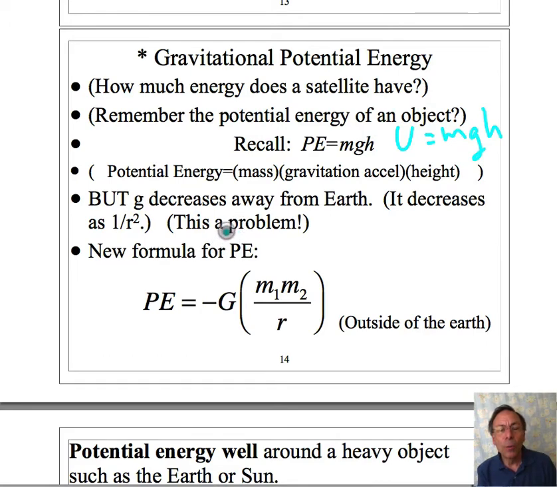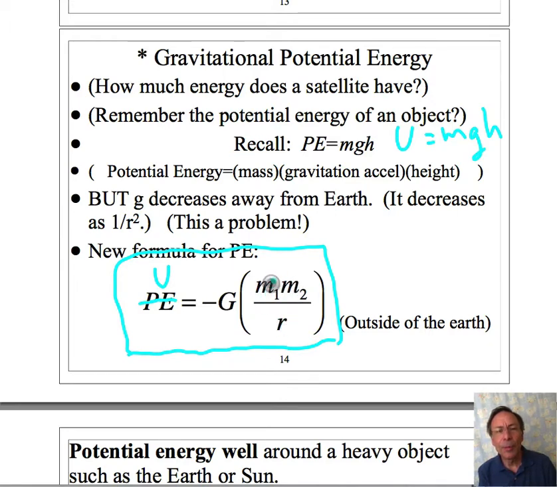So what we need now is a new formula, and this is it. Our book would not use PE, our book would use the letter U right here. So U equals minus G m1 m2 over r.